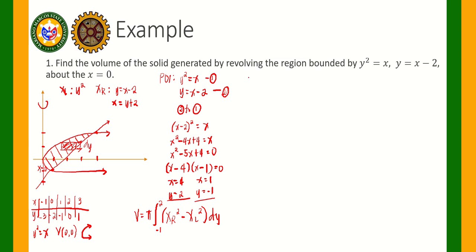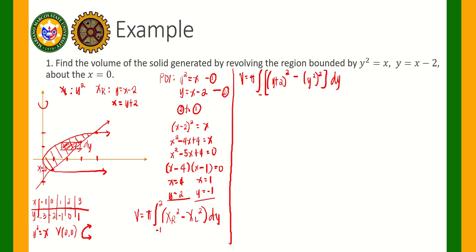So, now, solving for the volume generated, V is equal to pi multiplied by xr natin is y plus 2 quantity squared, minus xl natin is y squared, quantity squared. Of course, dy limits from negative 1 to 2.